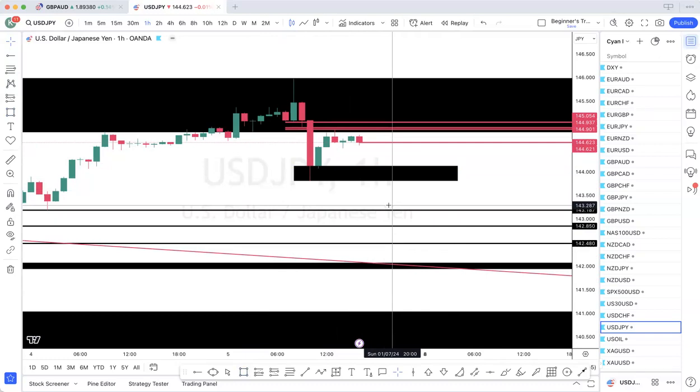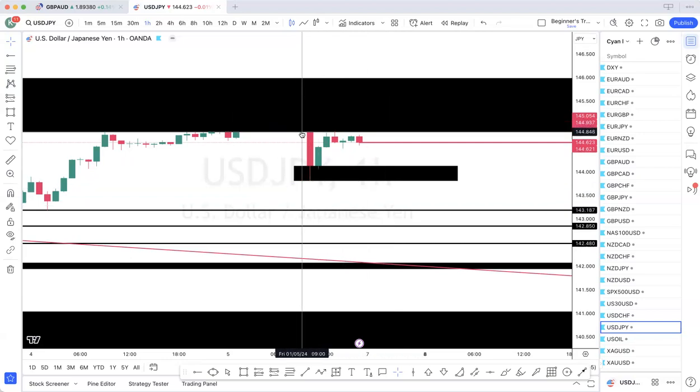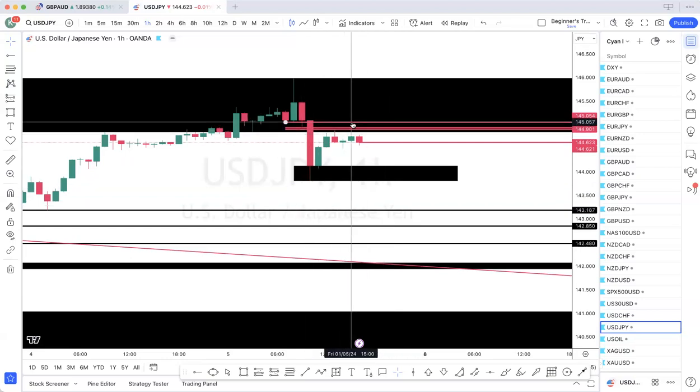So I would say, I mean, you can get in whenever you want, but I would definitely say wait for the midnight open to see what the bias is. That's all I'm gonna say.